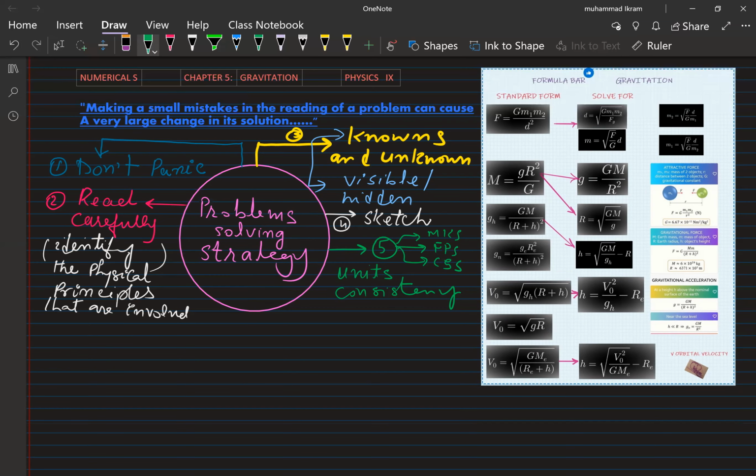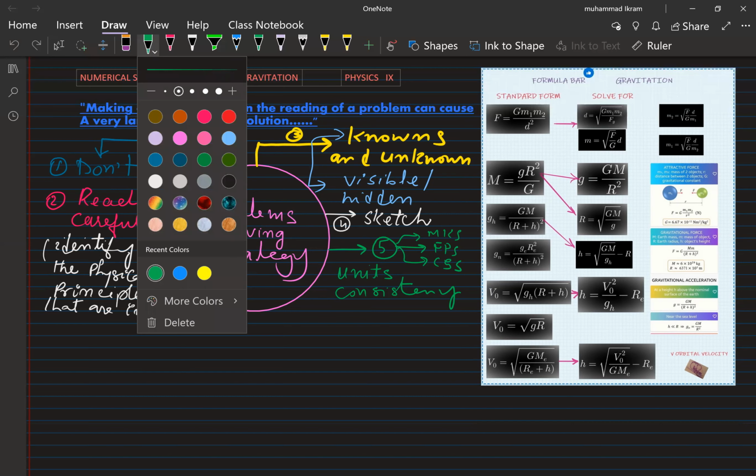MKS is the System International. FPS is the pounds system, the British engineering system. CGS is the imperial system of measurement usually followed in the United States of America. Definitely you would like to be in the System International, that is the MKS system.